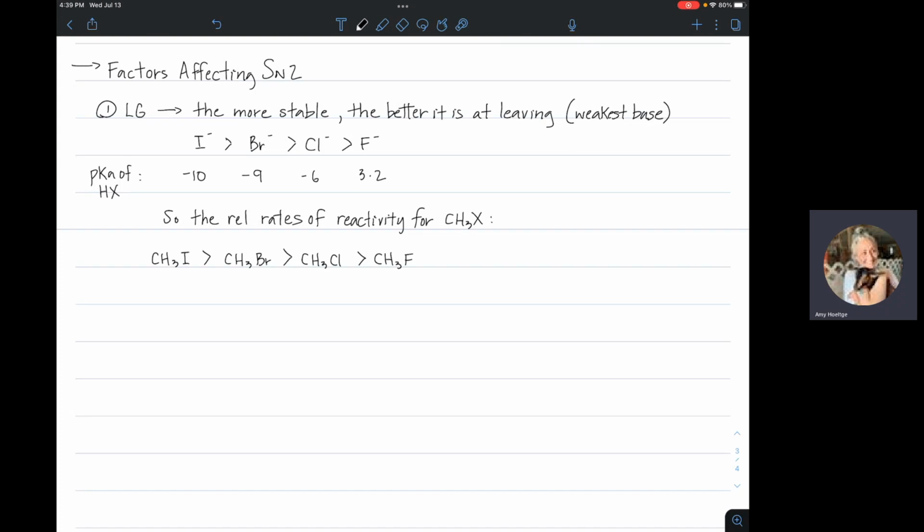Because when you attack that carbon and that leaving group leaves, iodide is going to be more stable than bromide, which is going to be more stable than chloride, which is more stable than fluoride.